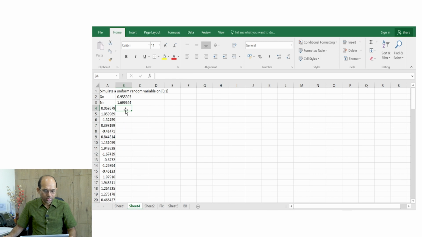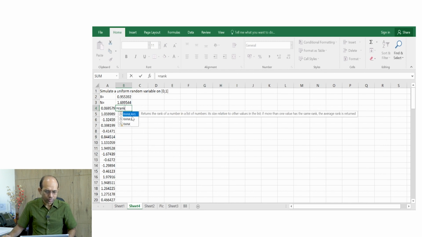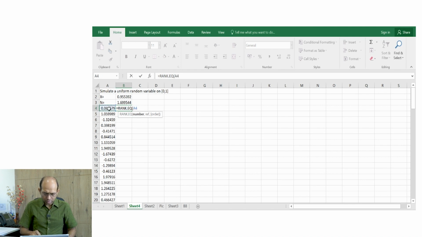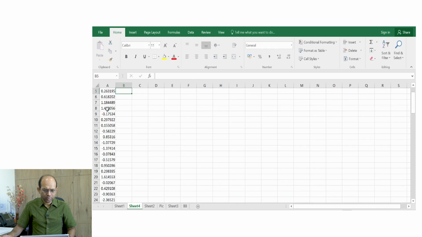Now we would like to see what this CDF is. We can plot a histogram or something, but here we take a rank of this number, comma, then this whole list, the whole array. That gives me the rank of this number.